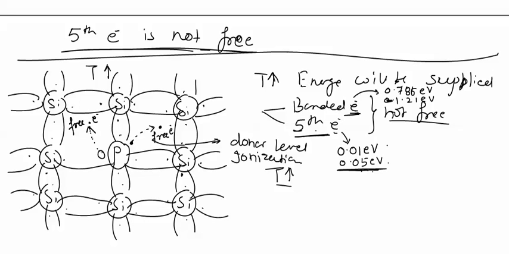So we can say that with each covalent bond broken there will be generation of an electron-hole pair. But in case of this fifth electron there is no bond breaking process; we have just overcome a force of attraction and made this electron free so that it can take part in conduction.